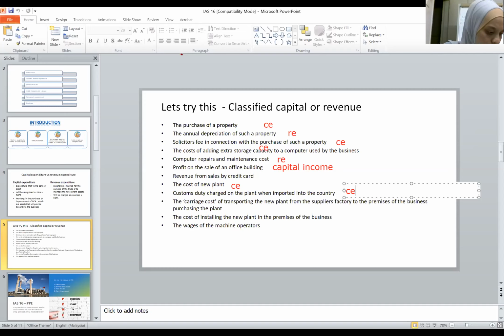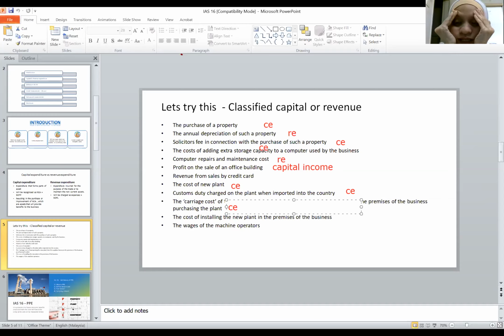Katakanlah custom duty ni free, then bukanlah capital, tapi sekarang ni kita yang kena bayar. So that's kita punya capital expenditure. Okay, the carriage cost of transporting the new plant from the supplier's factory to the premises of the business purchasing the plant. So this is also your capital expenditure.